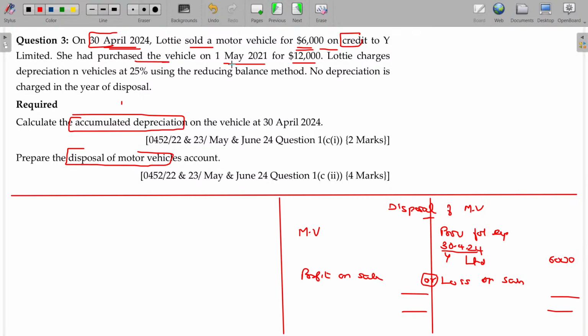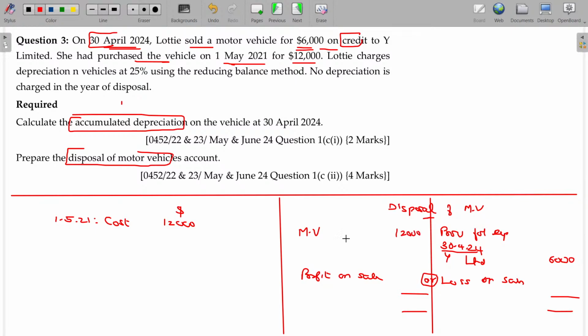She had purchased the vehicle on 1st May, 12,000 rupees. Original purchase date 1/5/21. Cost, the amount paid for purchasing this being $12,000. Is that okay? This value being 12,000.